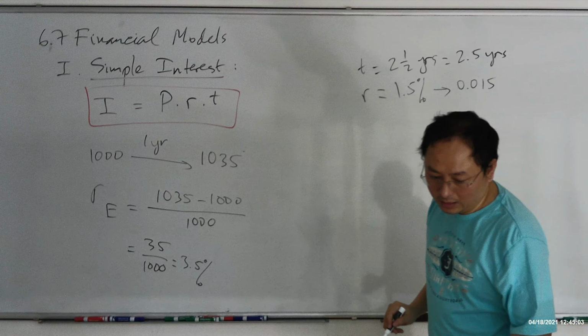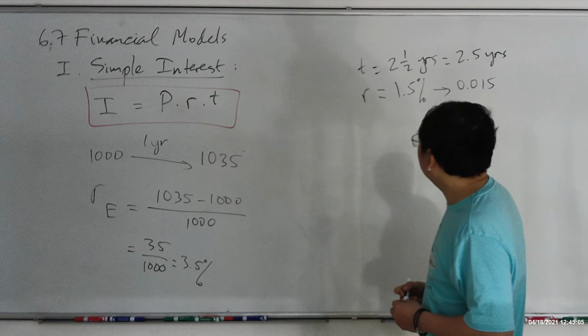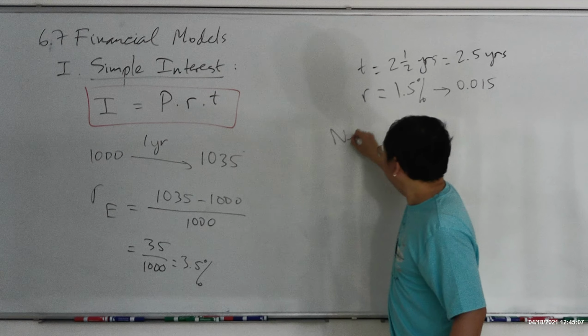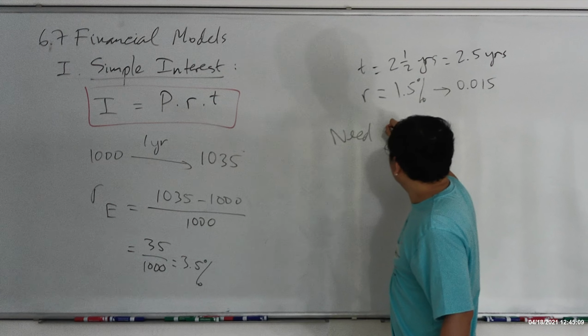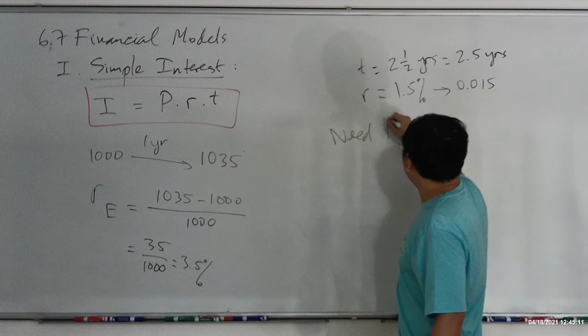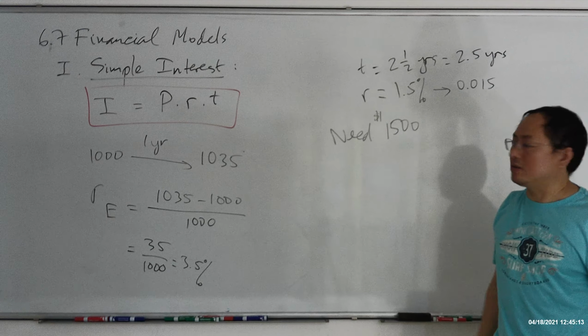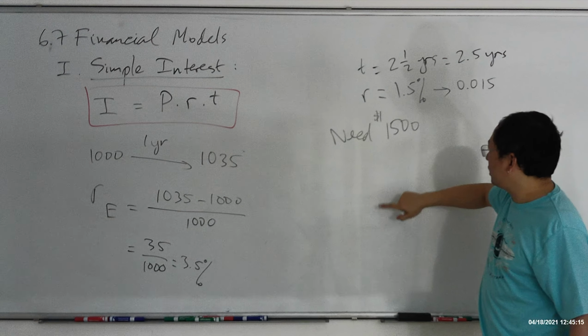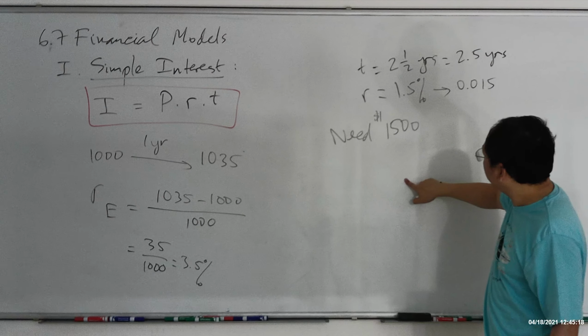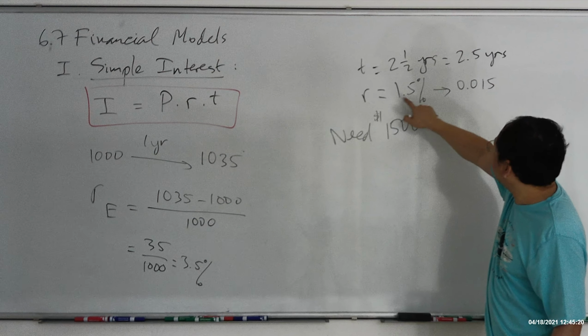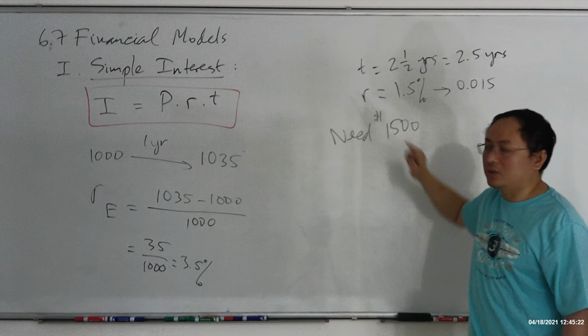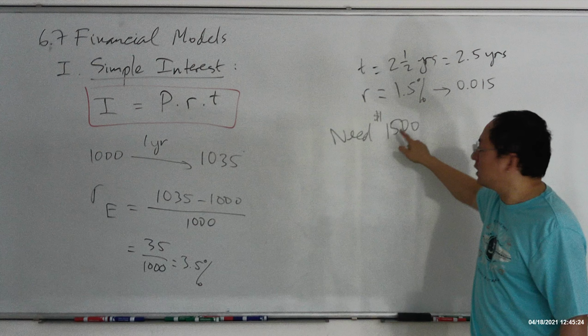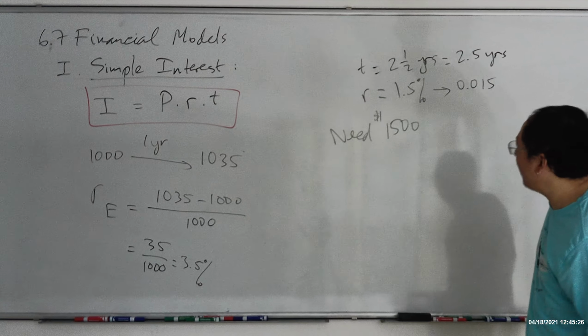The question is this: I want $1,500 after 2.5 years. How much do I need to invest now, with a rate of 1.5%, to get up to $1,500 in 2.5 years?